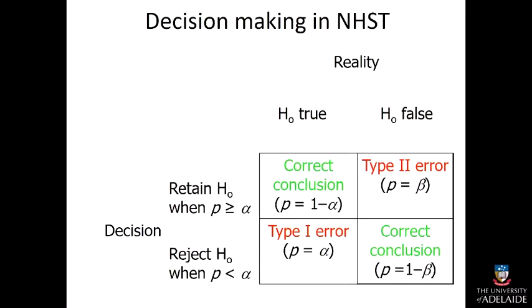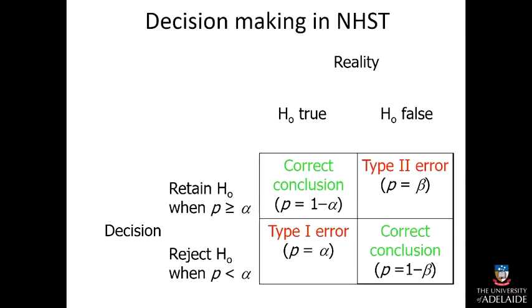And so you might say, well, to avoid making a type 1 error, I'm going to adopt a really strict alpha level. So instead of 0.05, you might say, I'm only going to reject a null hypothesis if the associated p-value is very small. Why not say p with 6 zeros before you hit a 1?